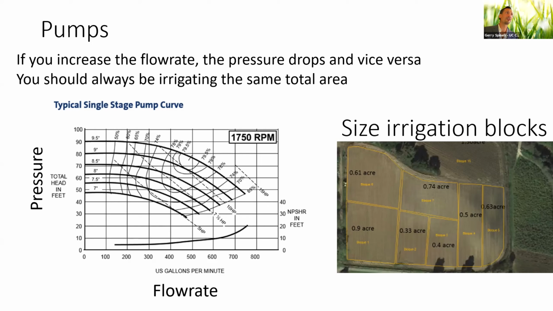I hope I answer your question. We have a session for questions later, so please keep them in mind, and I can talk about it more. But the ramification of this principle for irrigation management is that you should size your irrigation blocks according to the pressure that you want to achieve.